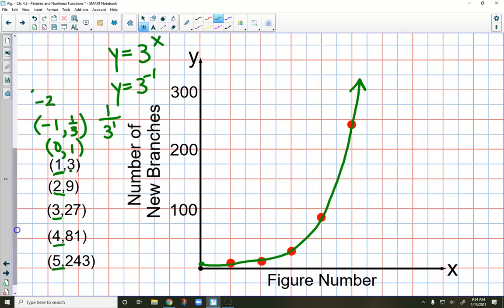If we raise it to the negative second power, we're going to have 1 over 3 squared, which is 1/9. If we have 3 to the negative third power, that's going to be 1 over 27. Okay, and you'll see it's these same numbers, they're just going to be under 1. This graph is actually going to keep extending, almost looking like a straight line, although it's not. And it's going to infinitely get closer to 0 without ever reaching 0. This would be an exponential graph.